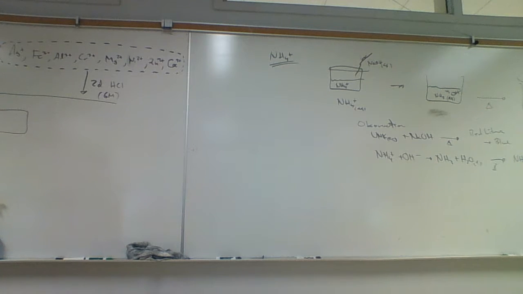So silver, mercury 1, and lead 2. Everybody should, that should be easy. It should be automatic. Do we have any lead or mercury in our unknown or known? No, so we lucked out.